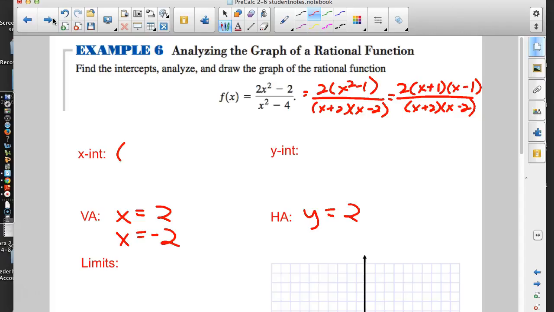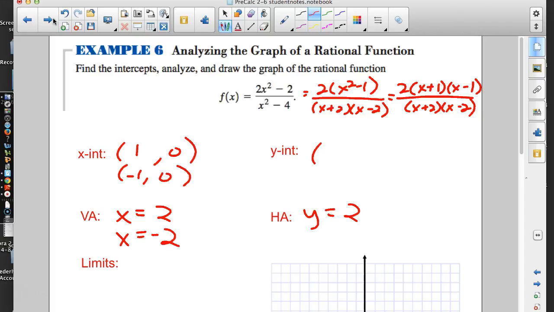x-intercepts. What would make our numerator 0? Both. Both. That's why it's important if you can factor the numerator to do so. So we would get 1, 0 and -1, 0 as x-intercepts.